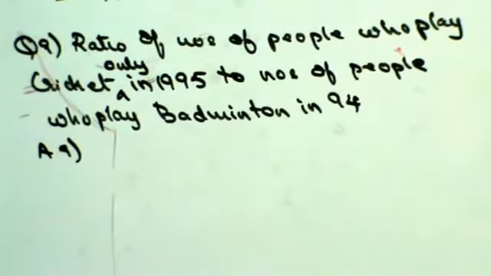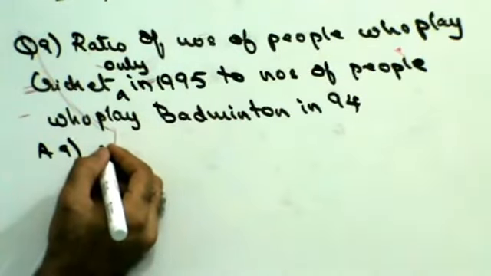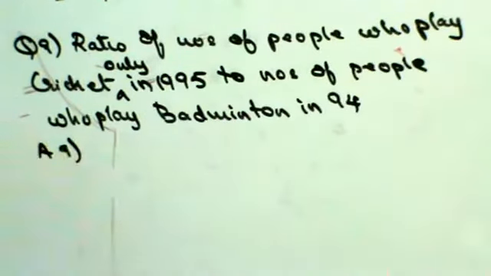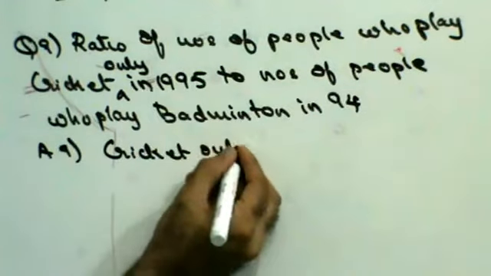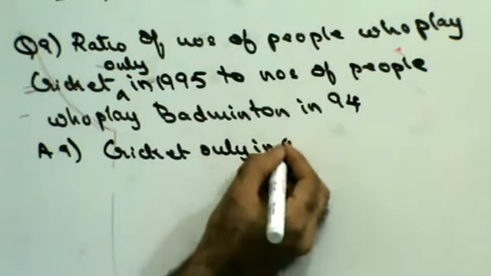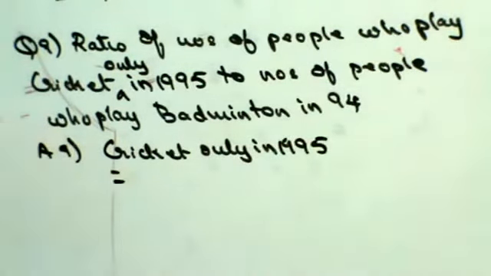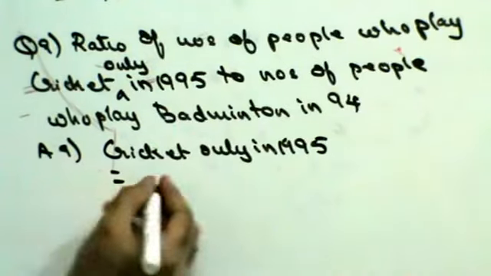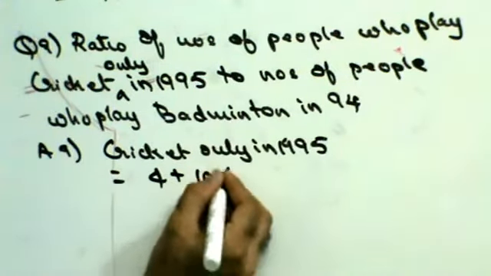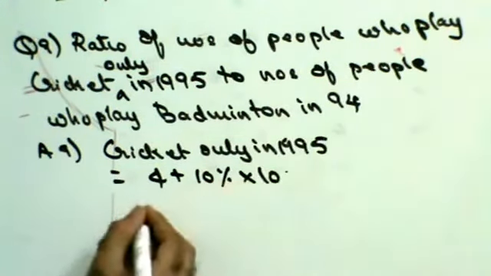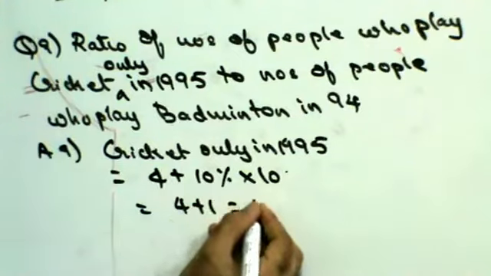Now, cricket only in 1995. In 1994, the number of people who played cricket only was 4. 10% of those who played football was transferred to cricket. So plus 10% of those who played football: 4 plus 1, that is 5.